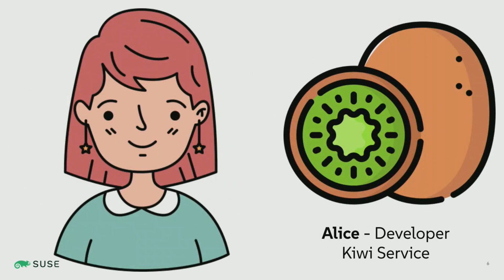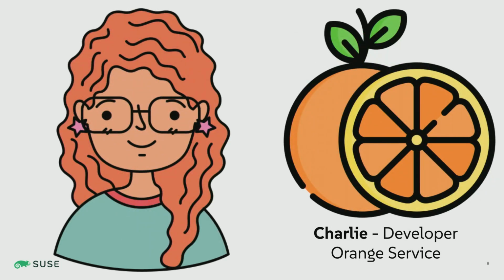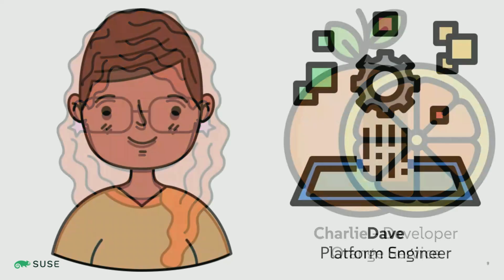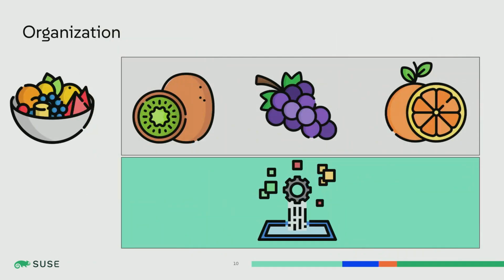Alice is responsible for building and maintaining the Kiwi service. As it is a fruit salad, we have many fruits there. Then Bob is a developer responsible for building and maintaining the grape service. And Charlie is the developer building and maintaining the orange service. And to build the platform, we have Dave, the platform engineer, who oversees the environment required for developing, testing, and deploying the microservices. In summary, the organization is as follows.